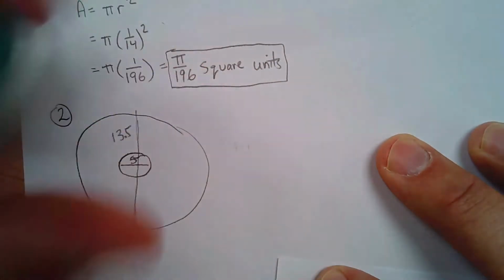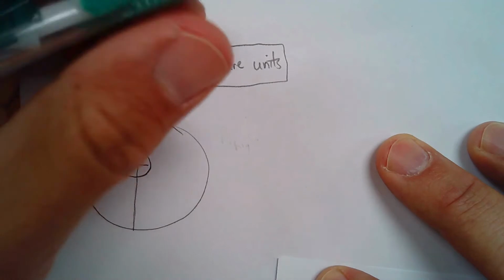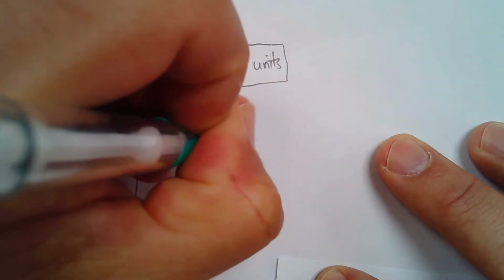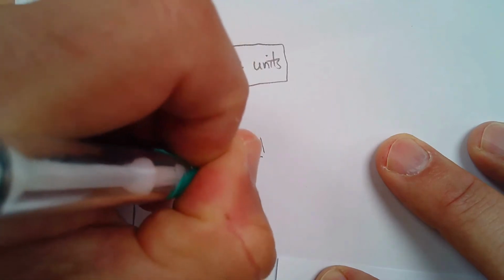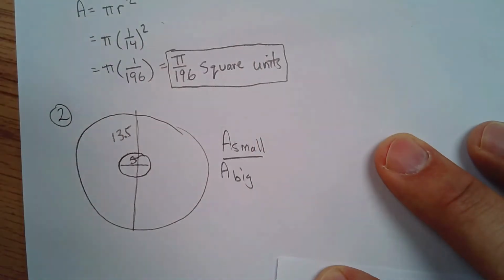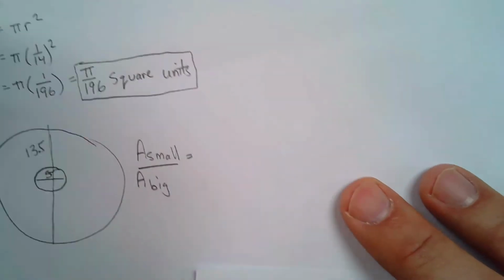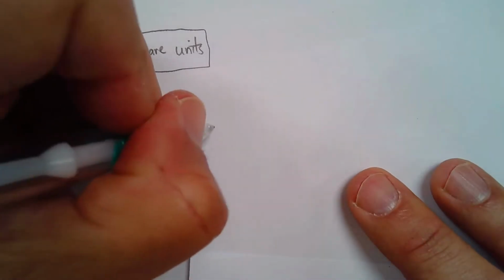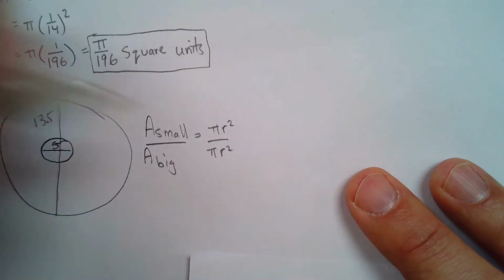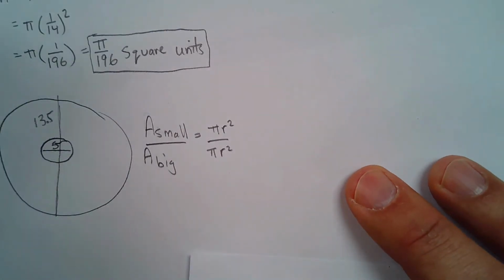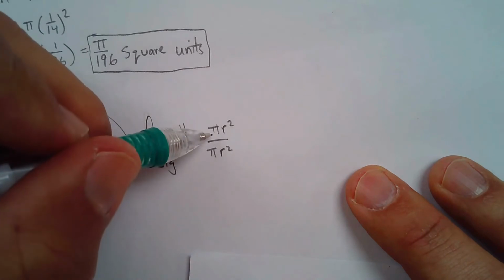So the question is, what part is this of this? So we will take the area of the small circle and divide it by the area of the big circle. So that would be pi times the radius squared over pi times the radius squared. And the pi's can just cancel.